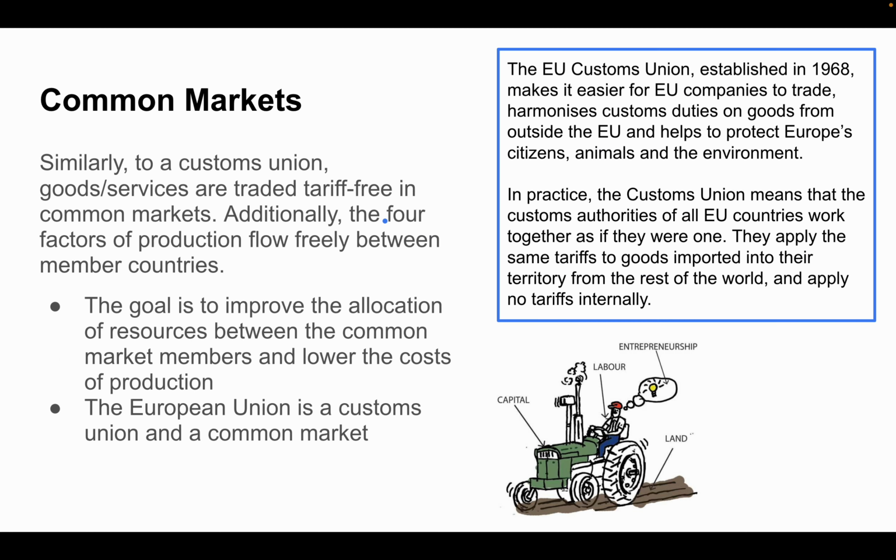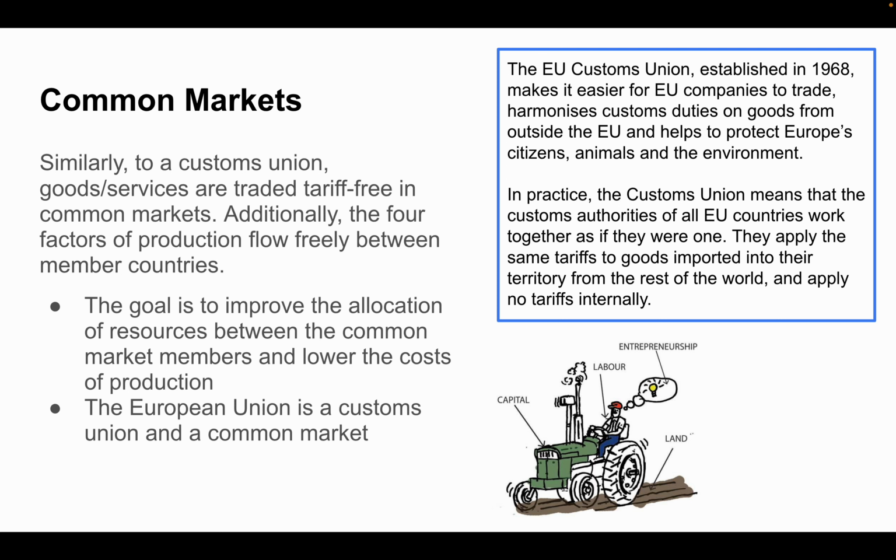Okay, moving on. Now we have common markets. Similarly to a customs union, goods and services are traded tariff-free in common markets. Additionally, the four factors of production, capital, labor, entrepreneurship, and land, flow freely between member countries. So this ultimately plays a role in improving the allocation of resources between the common market members and lowering the costs of production.